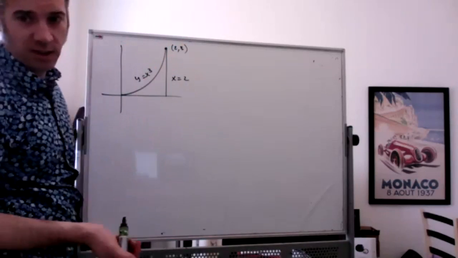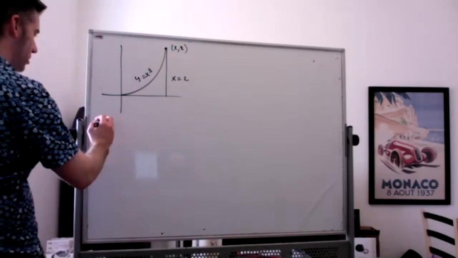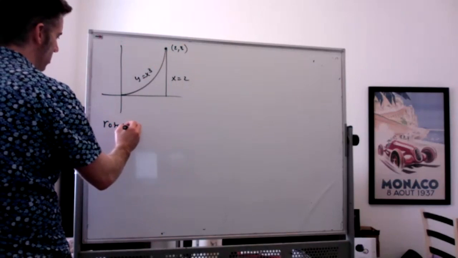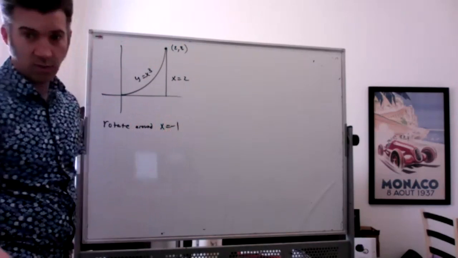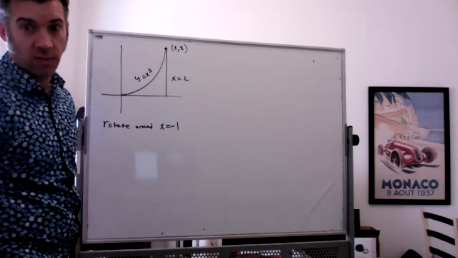But now I want to rotate it around the line, say, x equals -1, for example.